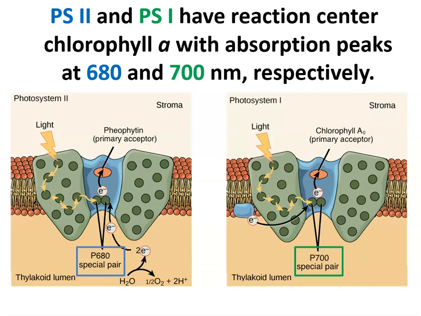Another relates to where electrons come from as they leave those special chlorophyll A pigment molecules. They need to be replaced with electrons from another source. In photosystem 2, the donor of the electrons is water. That's actually where water is important in photosynthesis.